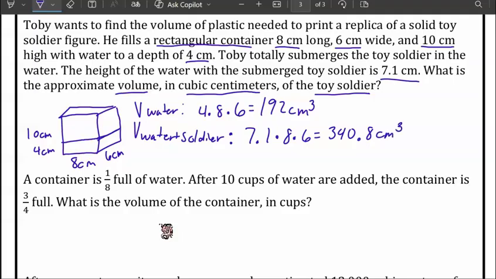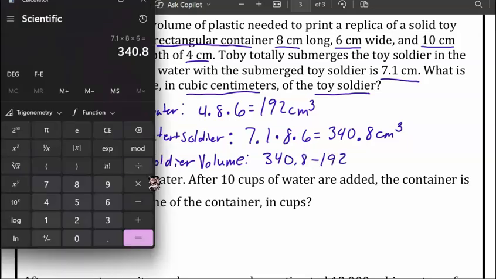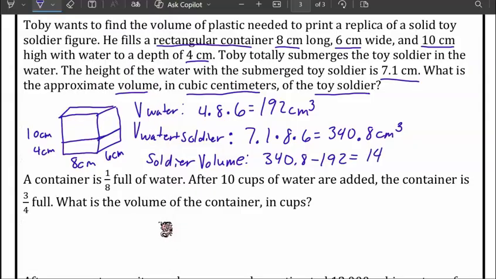To get just the soldier by itself, we would subtract these two. And that would give you 148.8 cubic centimeters.